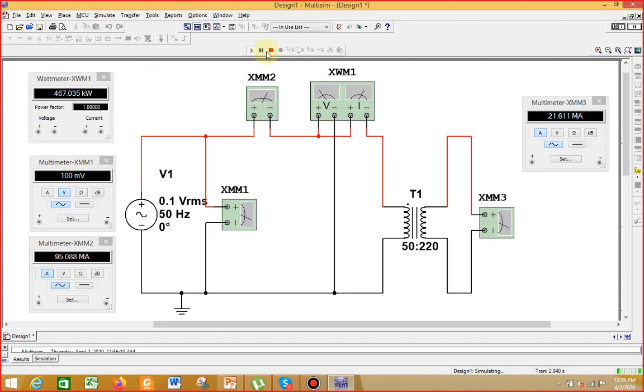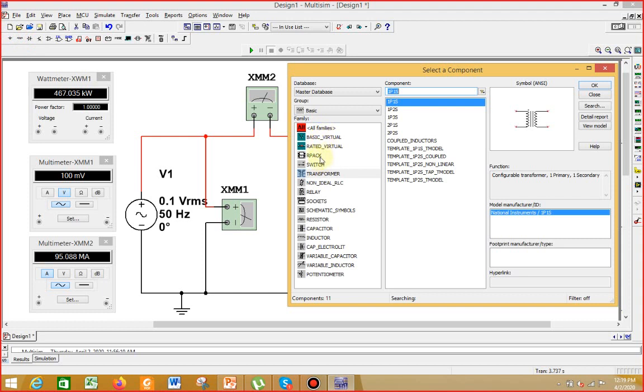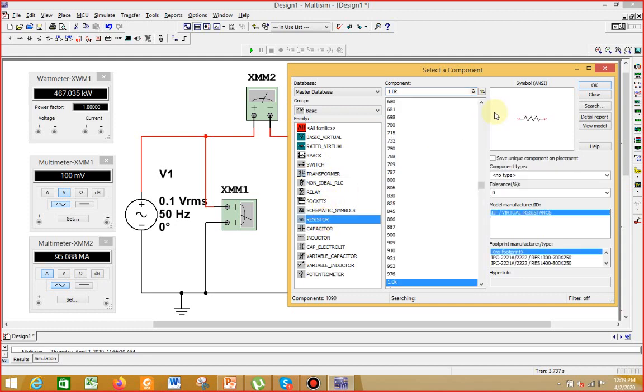Now there's a lot of power going through it, so there's a short circuit, but we need to also connect a resistance. Just click on components, click on basics, and click on resistor.